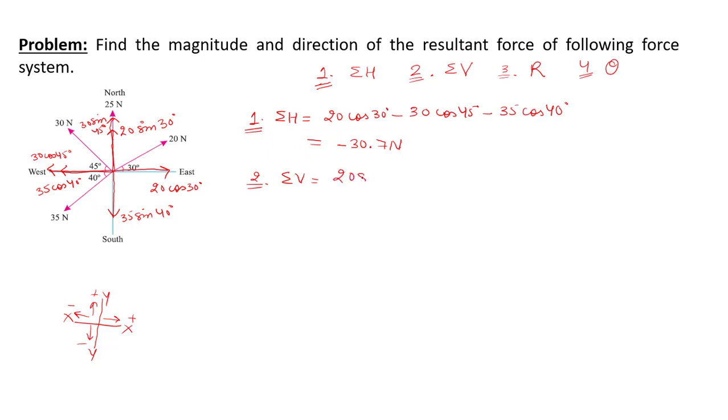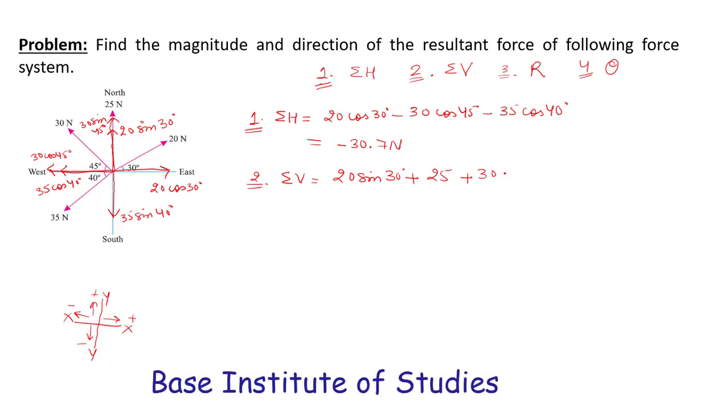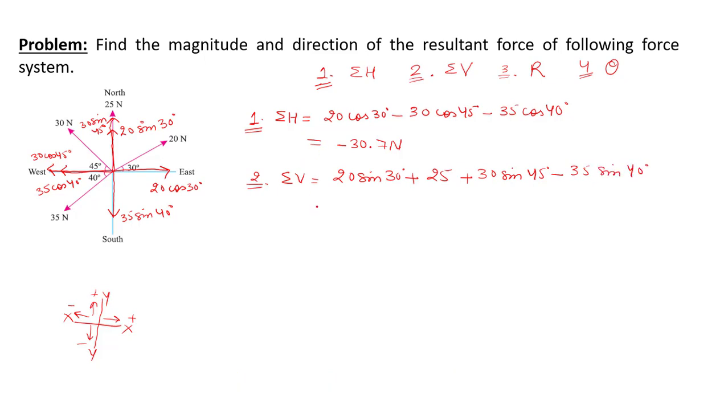So 20 sin 30 degree plus this 25, plus 30 sin 45 degree, minus 35 sin 40 degree. Now by calculating this equation we have sigma v equal to 33.7 Newton.